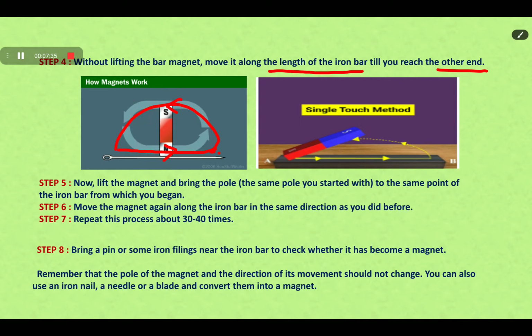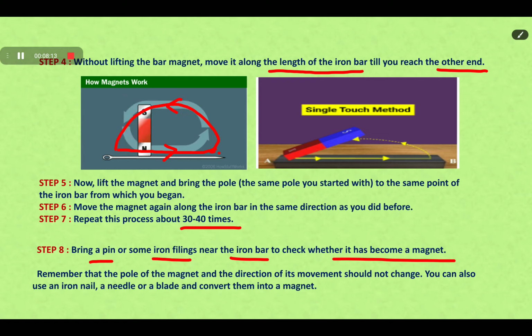We have to repeat this procedure about 30 to 40 times. After repeating this process about 30 to 40 times, we have to check whether the iron bar has become a magnet or not. For this, we bring a pin or some iron filings near the iron bar to check whether it has become a magnet.